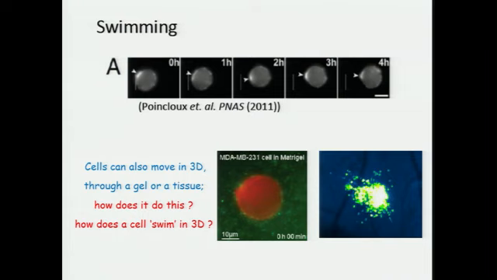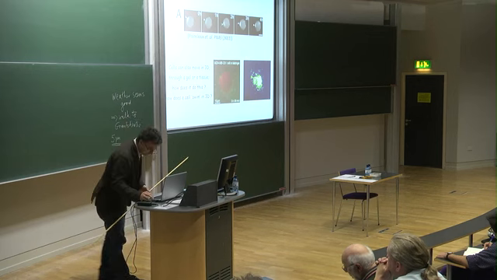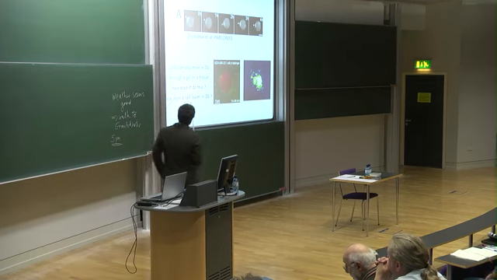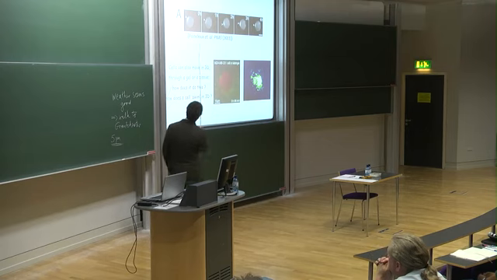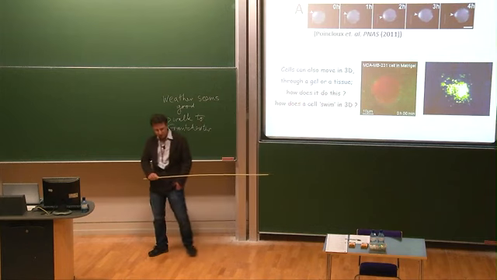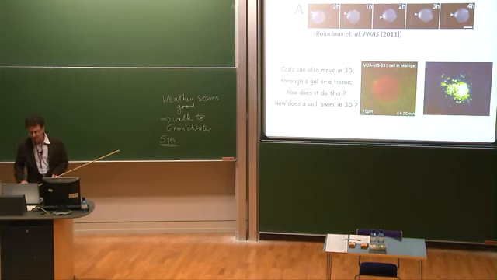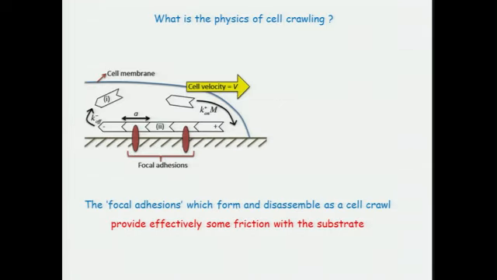This is a cell motility motion which is relevant in small metastases that they can form in vitro, metastatic cells. So the question is, if crawling is driven by actin polymerization, how can we understand this rather more exotic way of motion? How can the cell move in 3D?